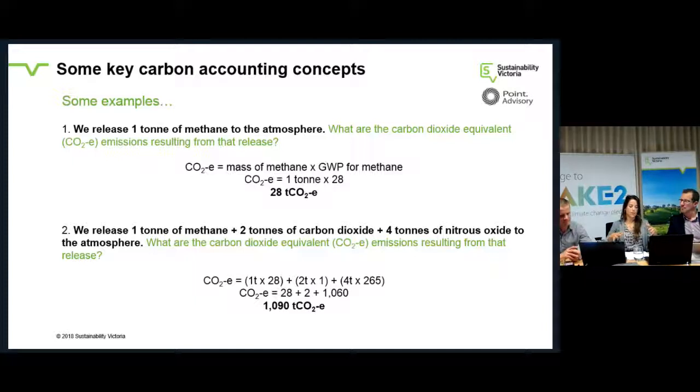The second example is a bit more complex. We have 1 ton of methane, 2 tons of carbon dioxide, and 4 tons of nitrous oxide. So we multiply those tons by their respective global warming potentials and come up with the final total of carbon dioxide equivalent, which will be 1,090. So that's how it's done.